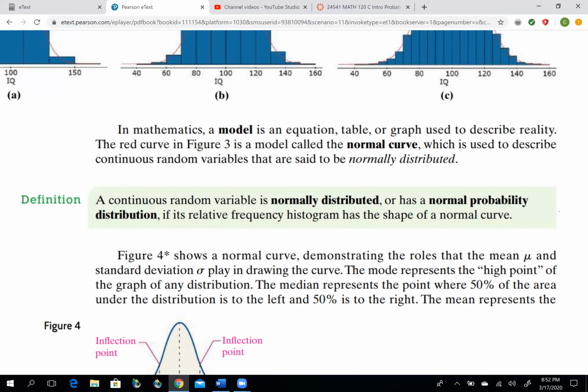A continuous random variable is normally distributed or has a normal probability distribution if its relative frequency histogram has the shape of a normal curve.